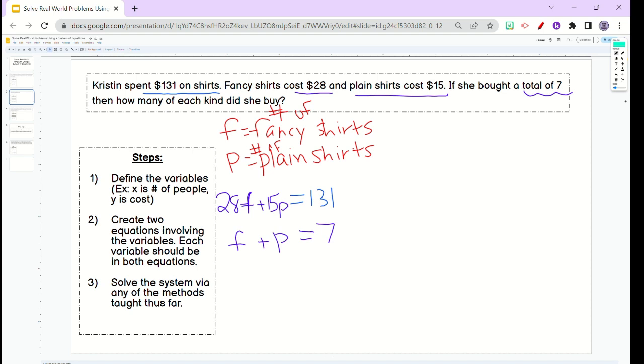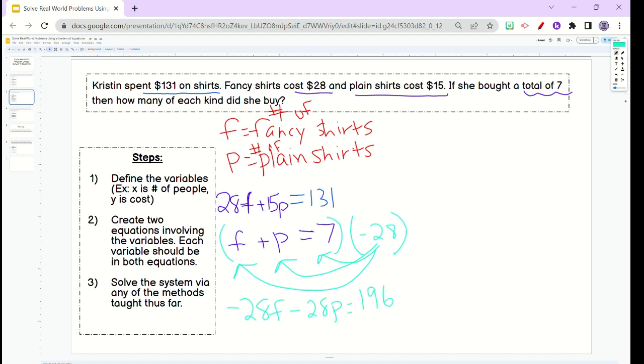Alrighty, now we can manipulate one or both of the equations so that we have opposite leading coefficients. I would probably change the bottom one so that I multiply it by negative 28. This way down here, I will have negative 28F minus 28P is equal to negative 28 times 7, which is 196.